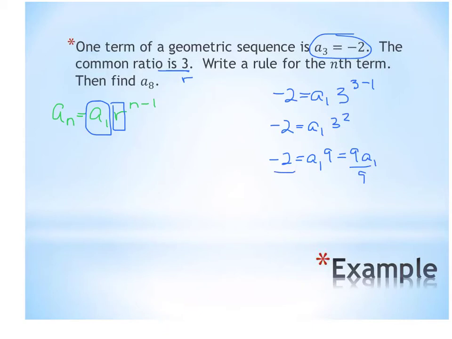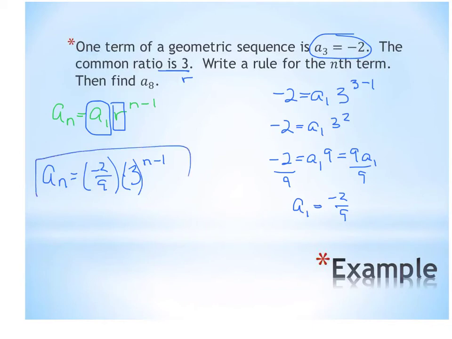Divide by 9. a sub 1 is negative 2/9. So my rule for my nth term then is negative 2/9 times 3 to the n minus 1. You can write it like that, or you might like it better with parentheses. There's my rule.